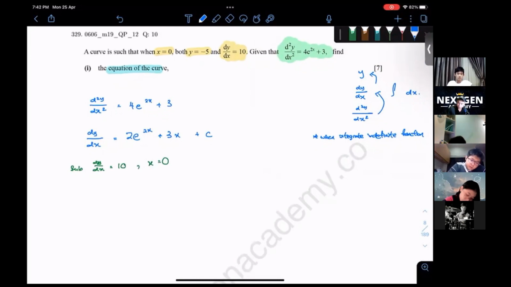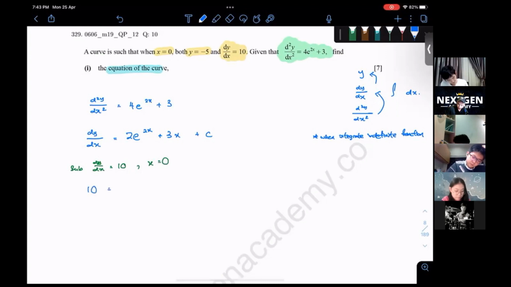This is the reason why they give you those values: to find the arbitrary constant, your c, or d, or whatever alphabet you want to write. Just don't write it as x or y, because y is also used already. You can write any alphabet, but typically we use c.